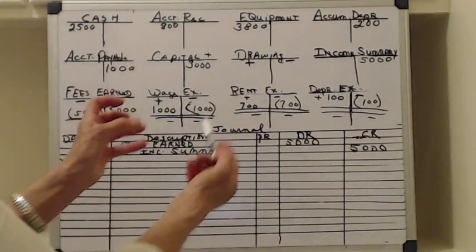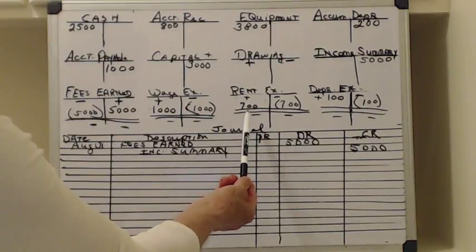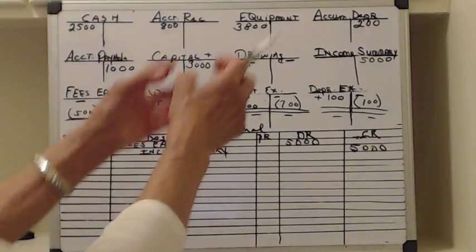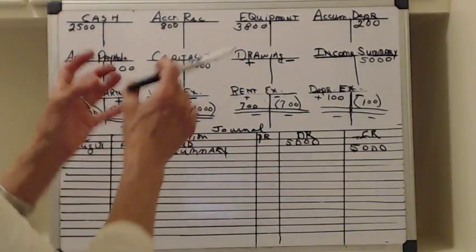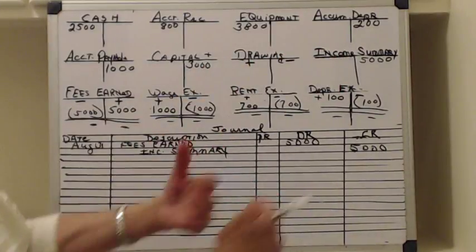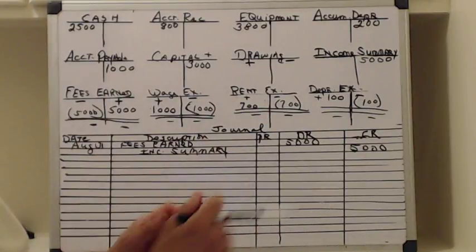So now let's see how much money I took out. 1,000 plus 700, 1,700 plus 100, $1,800 that is floating around. So I have to give it to something. I'm going to give it to this new account, income summary. It's like a clearinghouse, an empty bucket, and we dump the money in there.